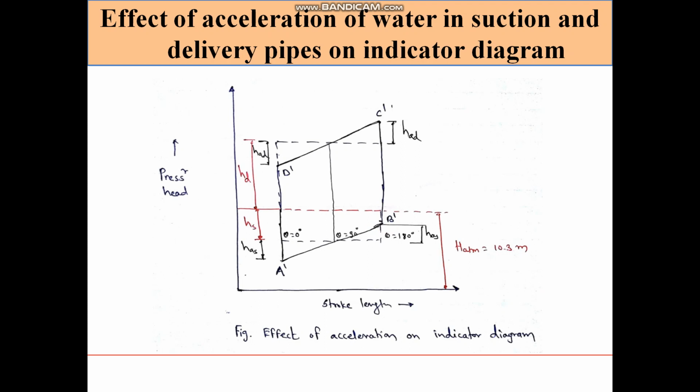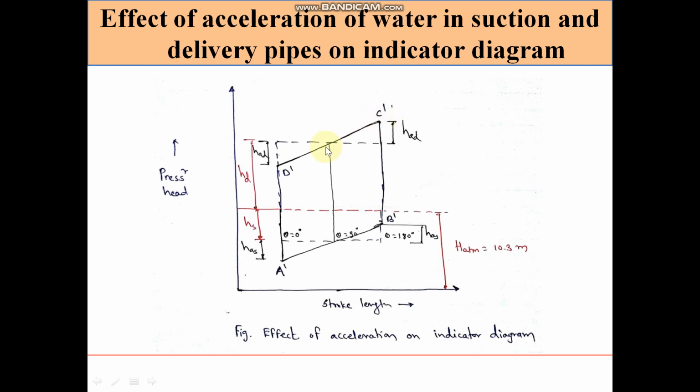Similarly, at the beginning of delivery stroke, where again theta is 0, the acceleration head will be positive. Therefore this value of acceleration head should be added to the delivery head. So point C dash is representing the beginning of the delivery stroke.